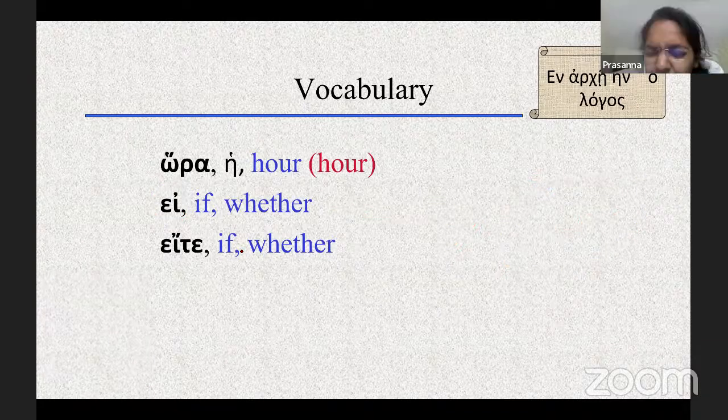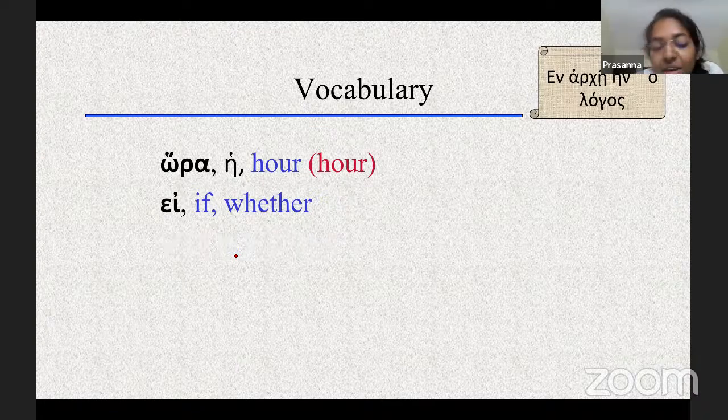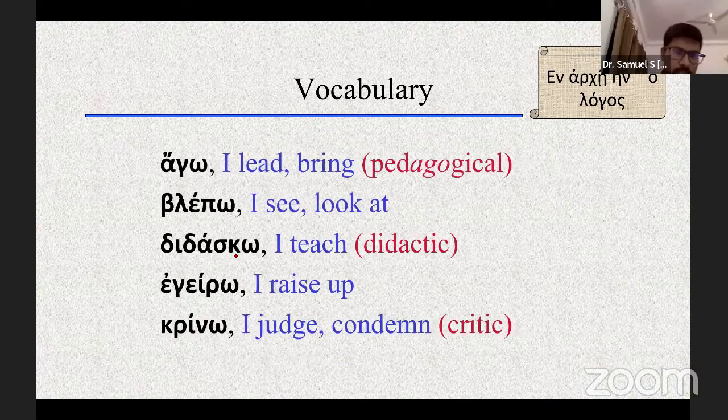Now one more thing. You said that first person singular in all the words ends with omega. Here in the table of eimi, we don't have the omega. Correct.